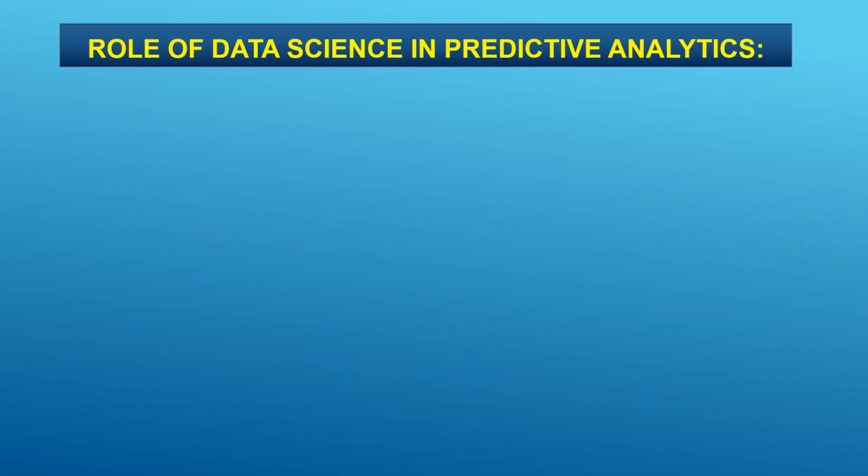Role of data science in predictive analytics. Data science plays a crucial role in predictive analytics by transforming data into actionable insights. The process involves data collection, cleaning, feature engineering, model building, and evaluation. Predictive analytics is widely applicable across various industries and continues to evolve with technological advancement.